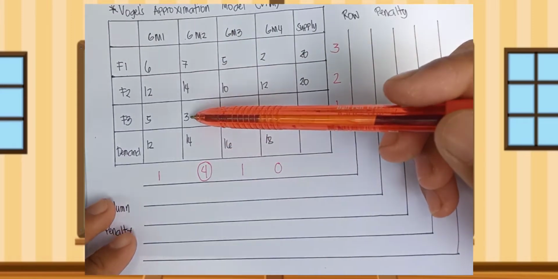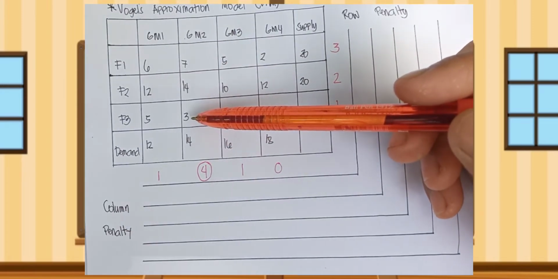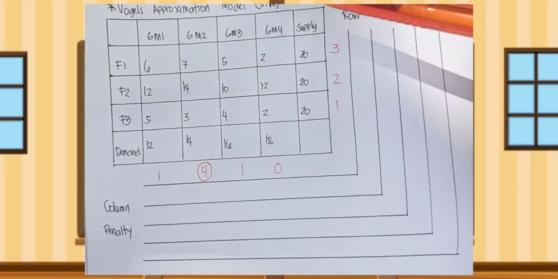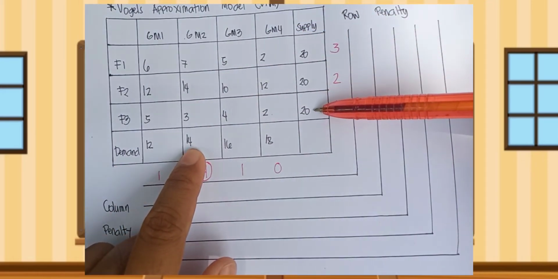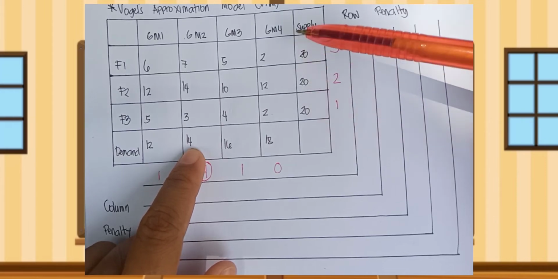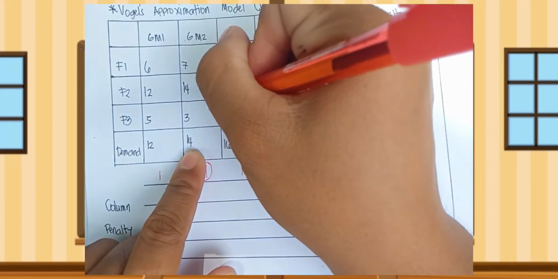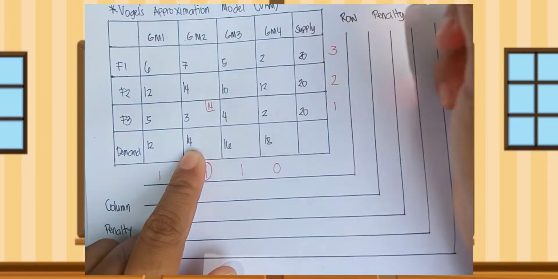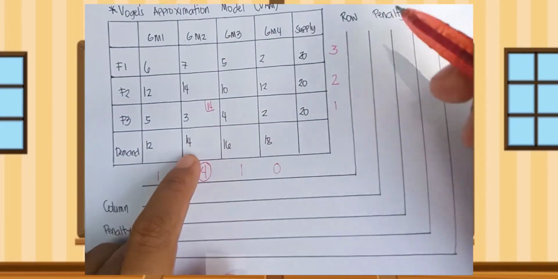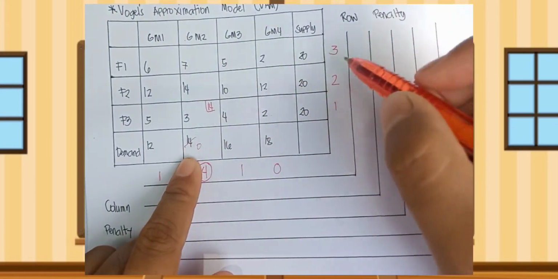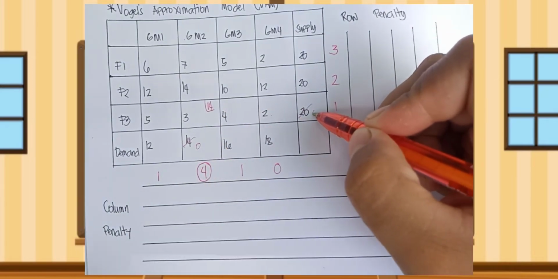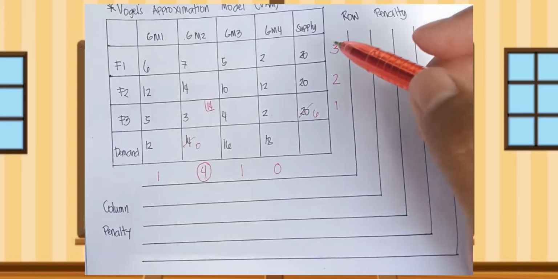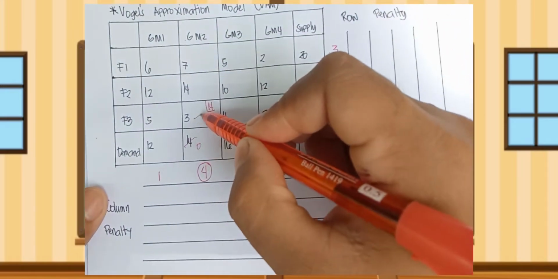So we have 3. The demand is 14 and the supply is 20, so the minimum cost is 14. So we will put 14. And then 14 minus 14 is equal to 0, and 20 minus 14 is equal to 6. So this column is satisfied.